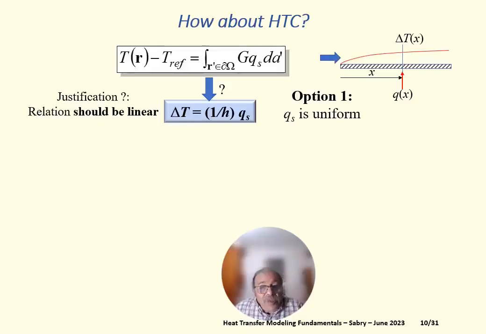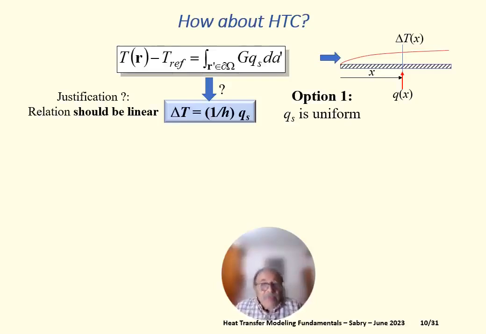If Q is uniform, it gets out of the integral, and G is a known function. I integrate it to obtain another new known function. This other known function is simply 1 over H. Okay, so this works well if I have a uniform heat flux.